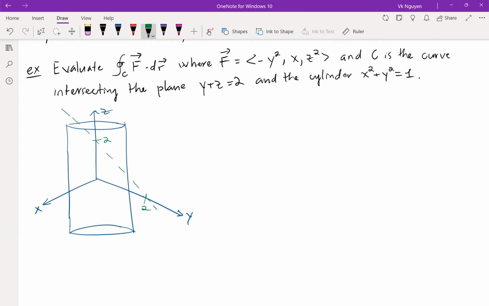Which means I have to go up here a little bit. Always do more. Okay, so now I'm gonna draw the intersection of the plane cutting the cylinder.